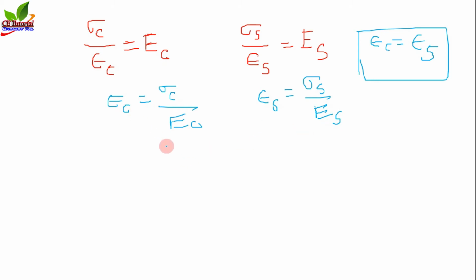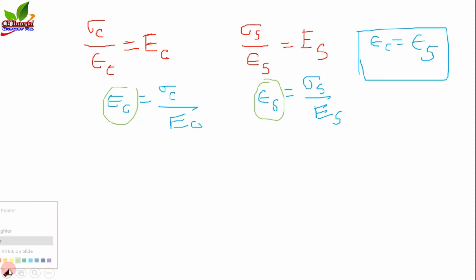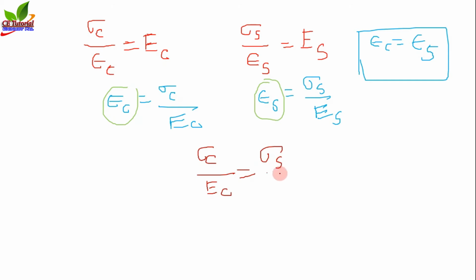Now epsilon C is equal to epsilon S, so we can say that sigma C by EC equals sigma S by ES.